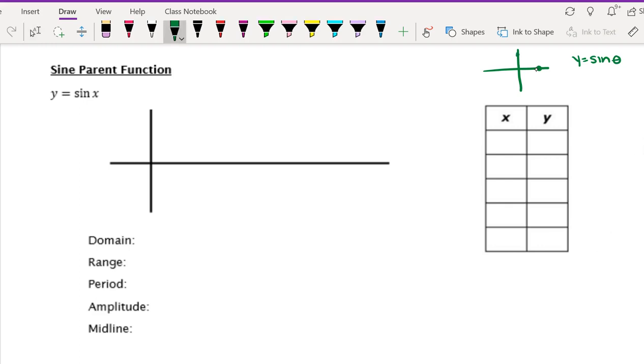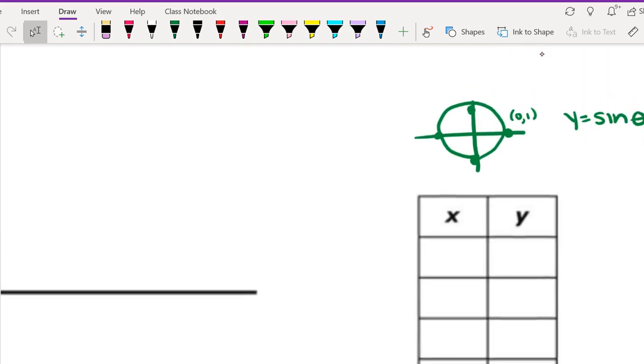So if I had my unit circle going around, I'm looking at the y value at each one of these points. This would be 1, 0. This is 0, 1. This is going to be negative 1, 0. And this is going to be 0, negative 1.